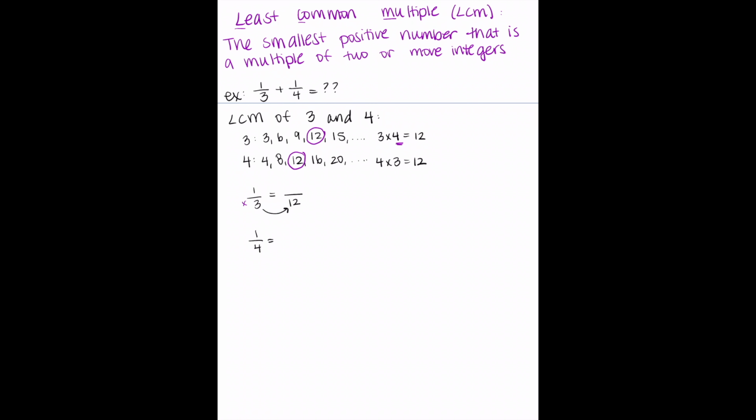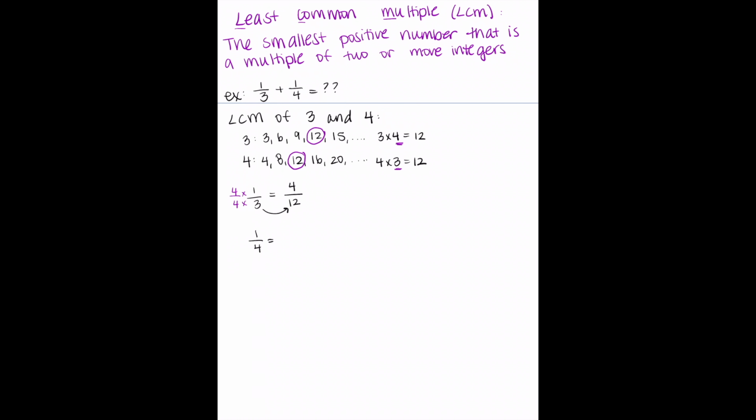So we'll multiply by 4 top and bottom, okay? Whatever we do to the denominator, we have to do to the numerator as well. So we already know that 3 times 4 is 12. 4 times 1 will give us 4 on the numerator. So 1/3 and 4/12 are equivalent fractions, but now we have a denominator of 12, which will allow us to add it.